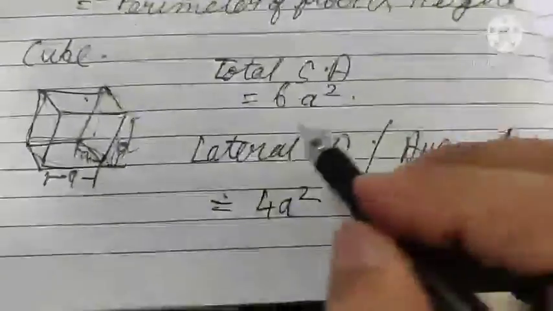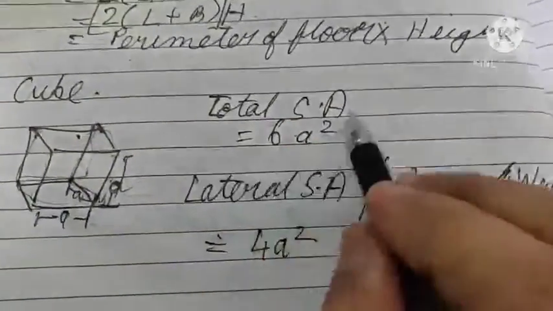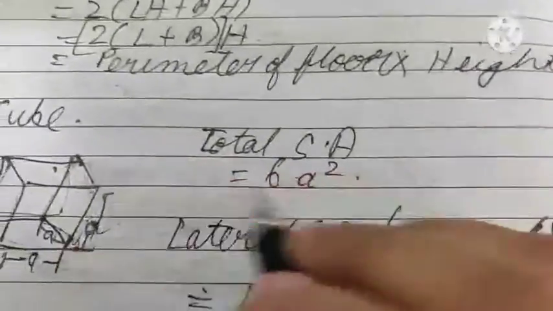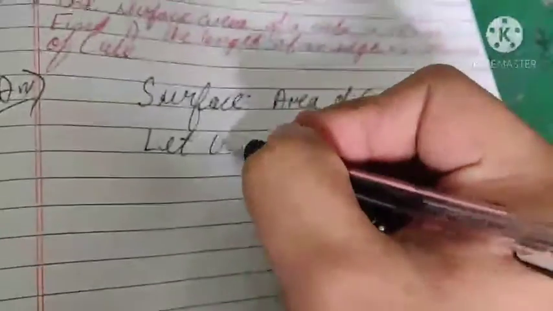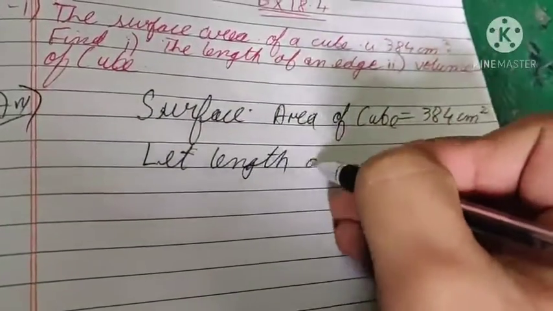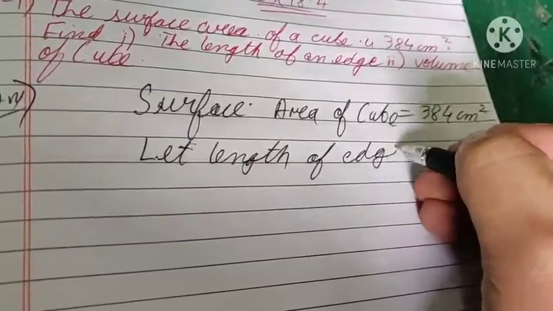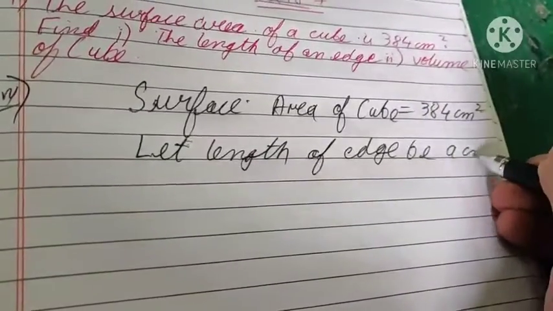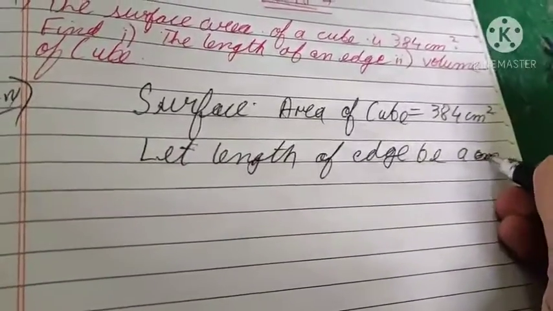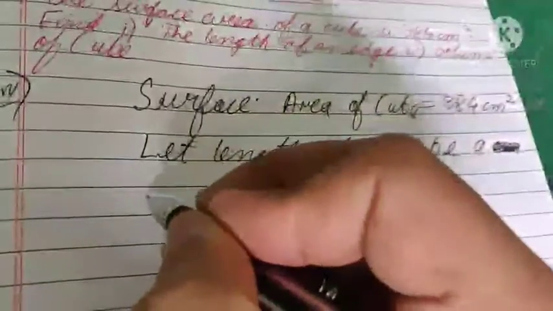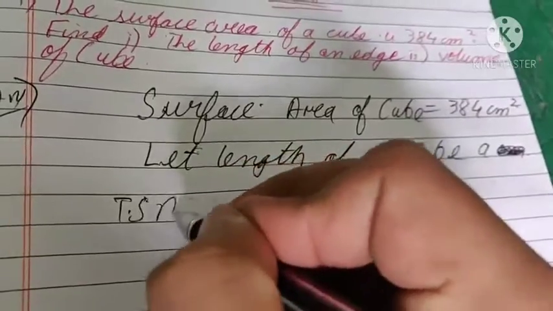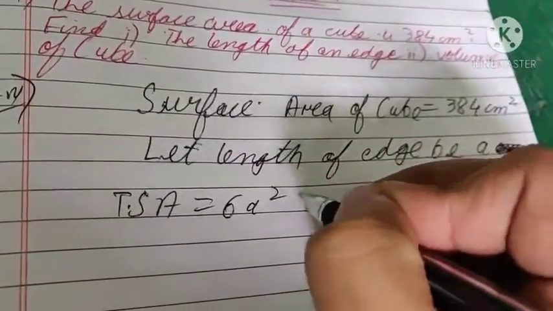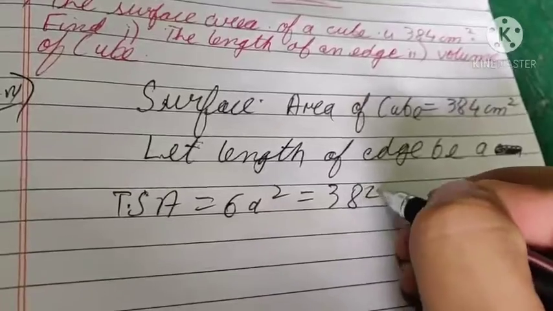Look, here the total surface area of a cube is 6a square. Let the length of edge be a. So total surface area is equal to 6a square is equal to 384.